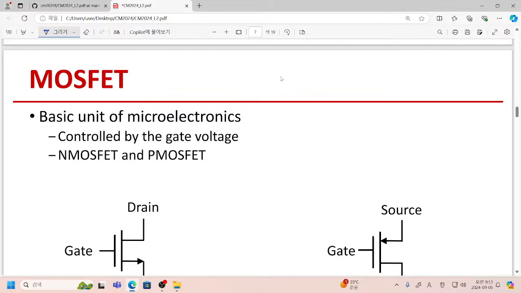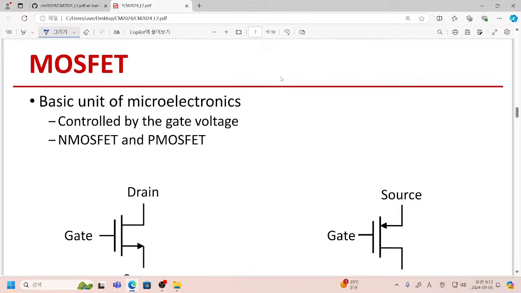Okay, so I just wanted to say that nowadays the MOSFET is the basic unit of microelectronics. Sometimes you may discuss alternative ways to build a microelectronic system, but frankly speaking, in practice there is no other alternative currently available.